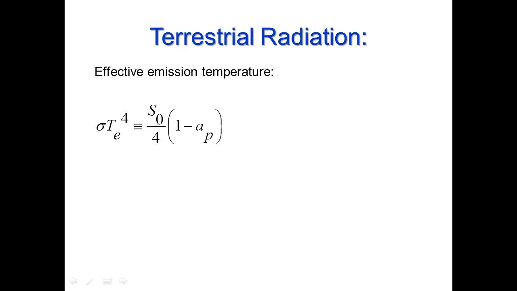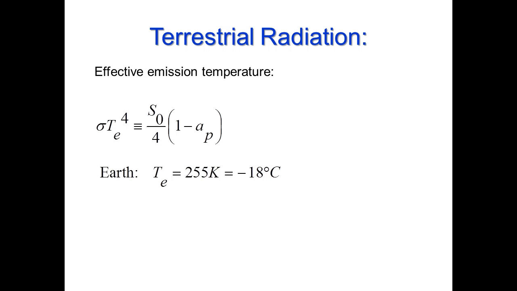We can do that by using the Stefan-Boltzmann equation to equate the total amount of energy emitted by the planet, that's just the Stefan-Boltzmann constant, times, we'll call this the effective emission temperature raised to the 4th power, and set that equal to the amount of radiation absorbed from the sun, the solar constant divided by 4 times 1 minus the planetary albedo. That would give an effective emission temperature of our planet of 255 degrees Kelvin, or minus 18 degrees centigrade.